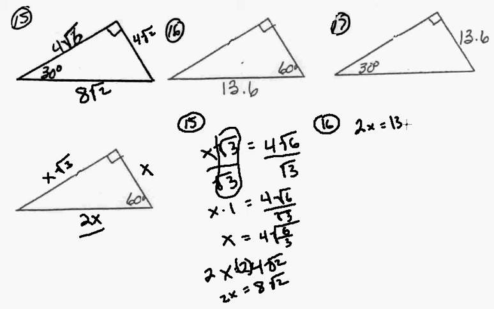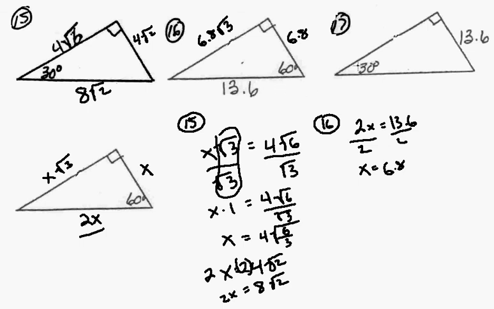So if I divide both sides by 2, 13.6 divided by 2, I wind up getting 6.8. So x is equal to 6.8, and that's what this length would be right here, 6.8. So this is simply going to be 6.8 times the square root of 3, and we're done with 16.